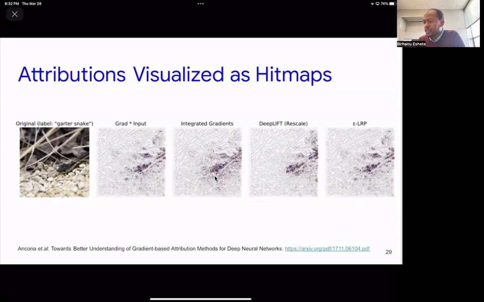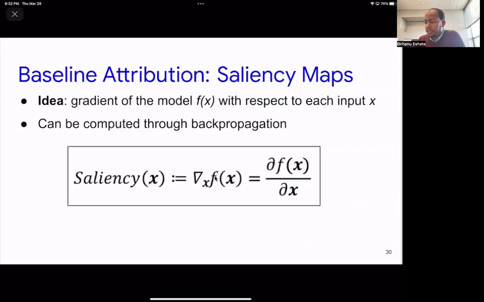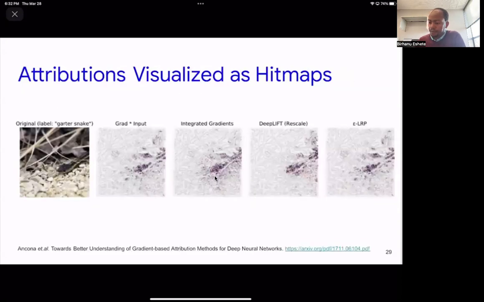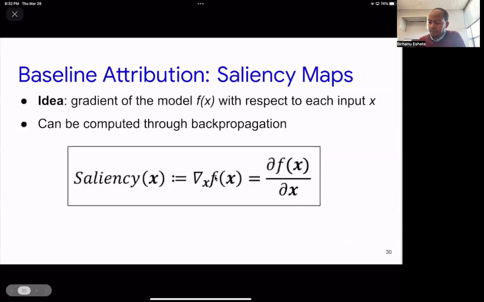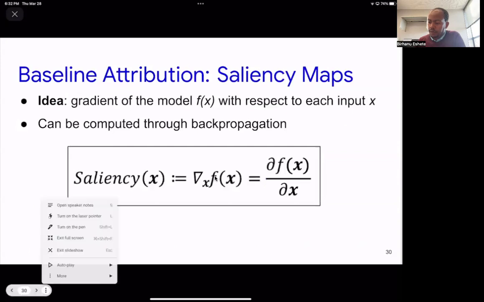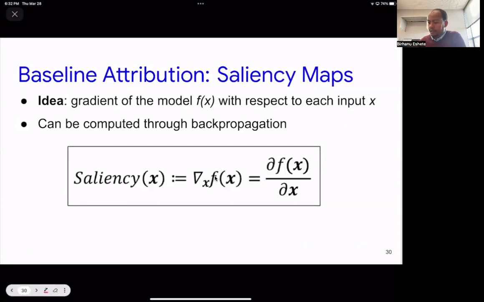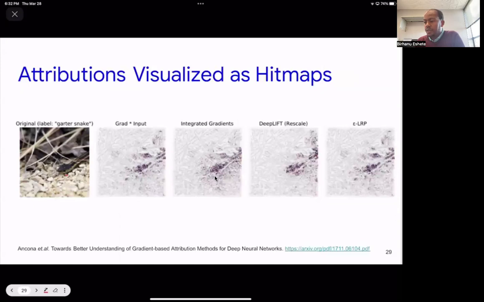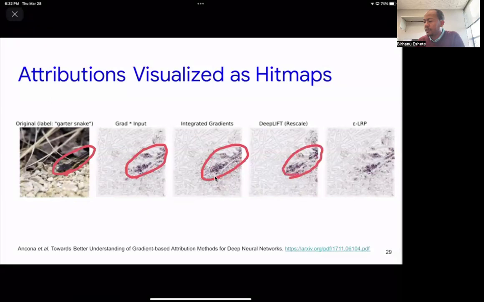Sorry, my presentation went off, so I'll just highlight the regions again. Okay. So as I was saying, this is the snake. That was a part with gradient multiplied with input. This is the part with integrated gradients, and this is the part highlighted with DeepLIFT, which is basically rescaling the pixels.